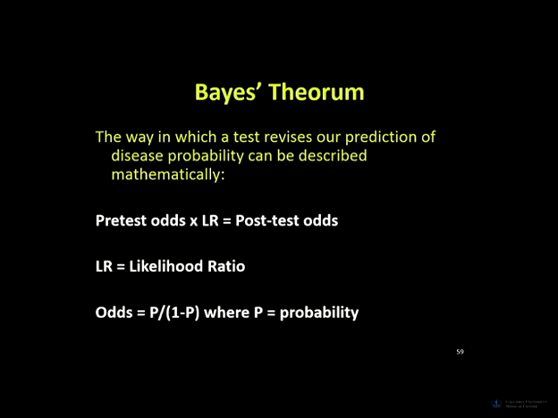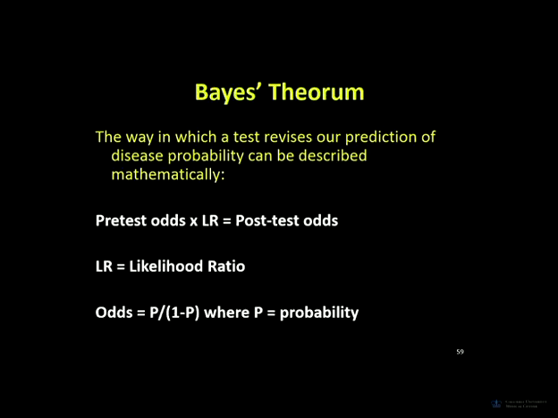Mathematically, what we want to do is take our pretest odds and multiply it by something called the likelihood ratio and end up with a post-test odds. That's how our diagnostic test revised the prior probability into the posterior probability. You're going to see what the likelihood ratio is in a moment, but we have to work with odds before we go to probability.